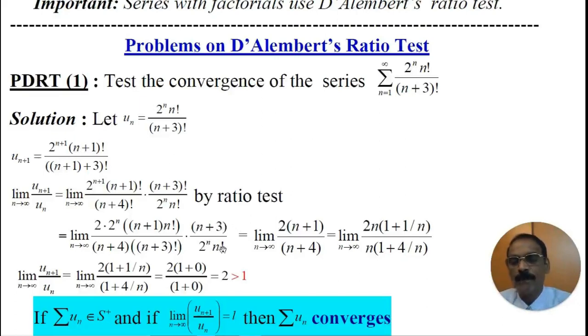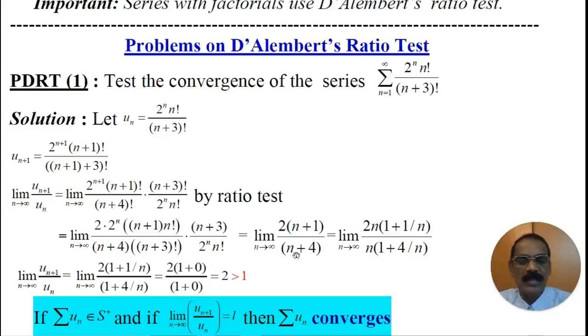So this n plus 3 factorial gets cancelled, this 2 to the power n also gets cancelled, this n factorial gets cancelled, and hence we are left with only 2 into n plus 1 by n plus 4.